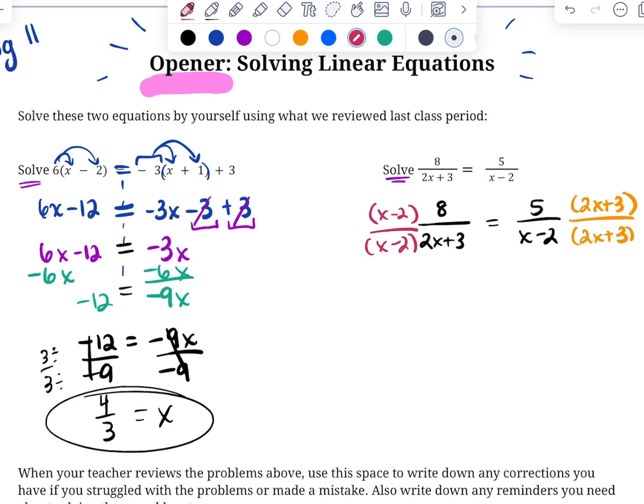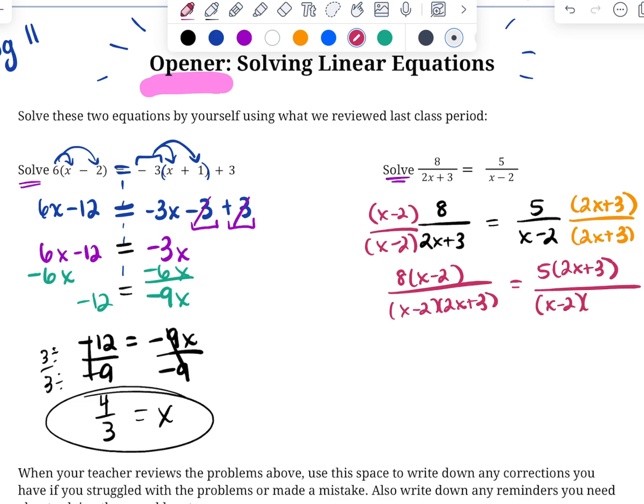All right, so now I have 8 times x minus 2 over x minus 2 times 2x plus 3, those two quantities. And then I have 5 times 2x plus 3 over x minus 2 and 2x plus 3. These things are called common denominators, okay?